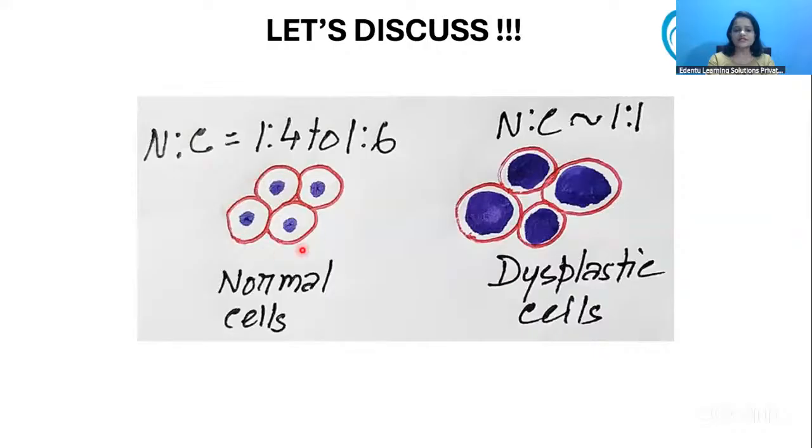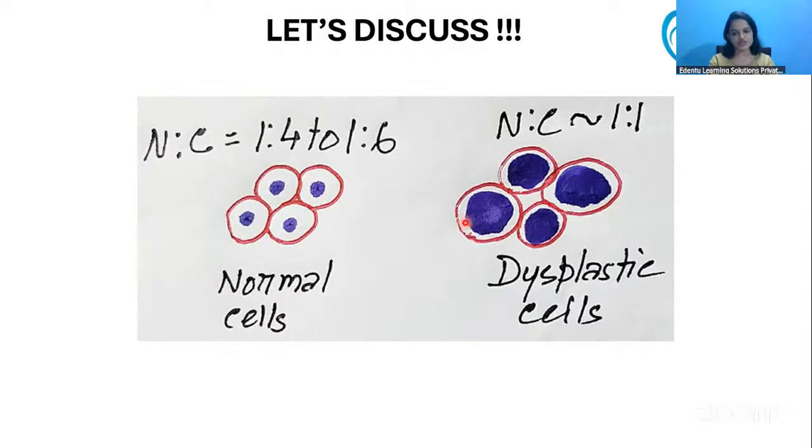So this is how a normal nuclear cytoplasmic ratio is. Okay, so this blue colored one is the nucleus and the pink colored is the cell. Okay, so normally the nuclear cytoplasmic ratio is 1:4 or 1:6. Okay, but in case of dysplastic cells, what is happening is that the nuclear cytoplasmic ratio will be somewhat like 1:1.